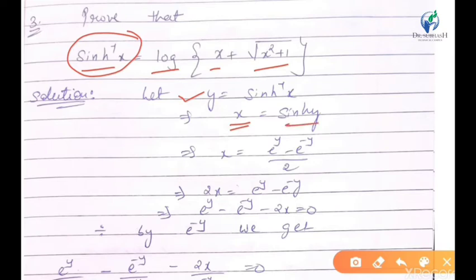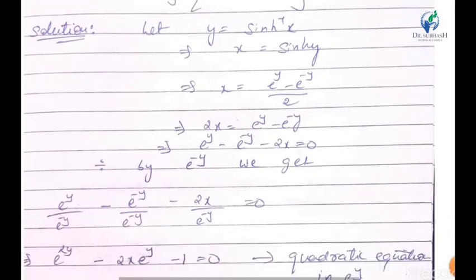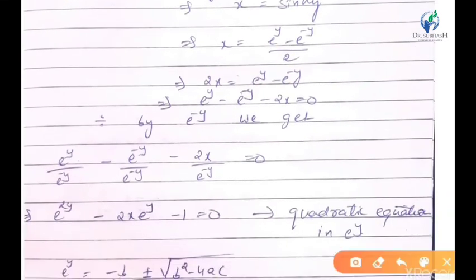So sinh y will be equal to e raised to y minus e raised to minus y, over 2. This 2 will multiply here, so we get 2x equal to e raised to y minus e raised to minus y. Now we take this 2x to the other side, so we get e raised to y minus e raised to minus y minus 2x equal to 0.